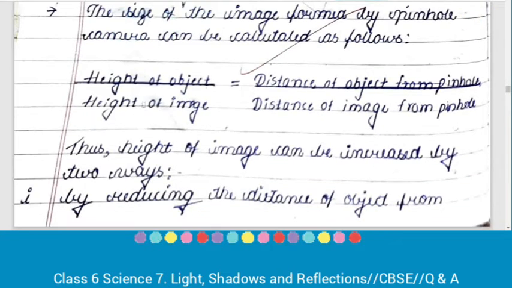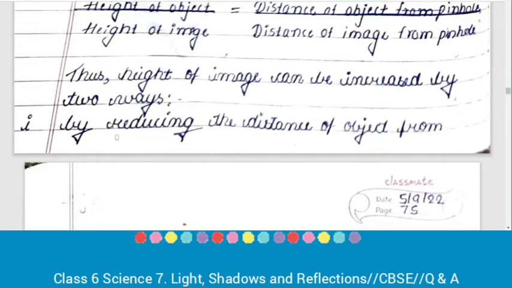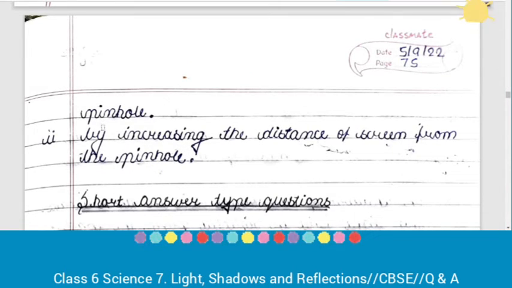That is, height of the object by height of the image is equal to distance of the object from pinhole by distance of image from pinhole. Thus, height of the image can be increased in two ways. One is by reducing the distance of the object from the pinhole, and the other by increasing the distance of the screen from the pinhole.